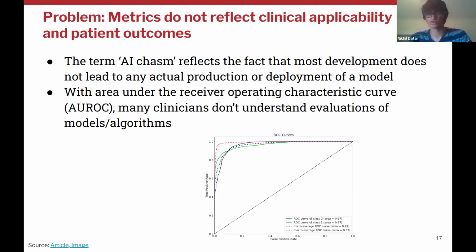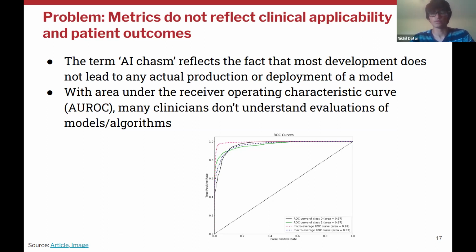Now, this also specifically relates to the idea of metrics not being reflective of patient outcomes. For example, one of the most common metrics is the area under the receiver operating characteristic curve. It's sometimes very difficult for clinicians to understand what this means.